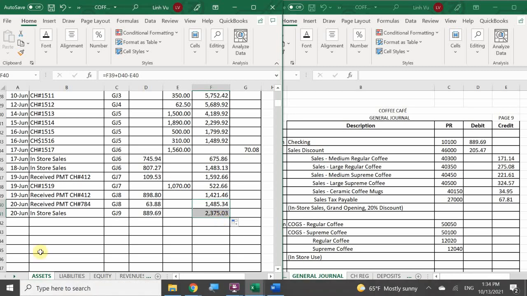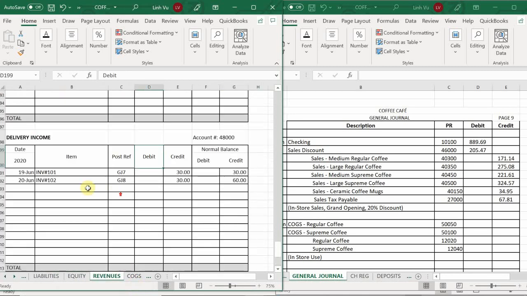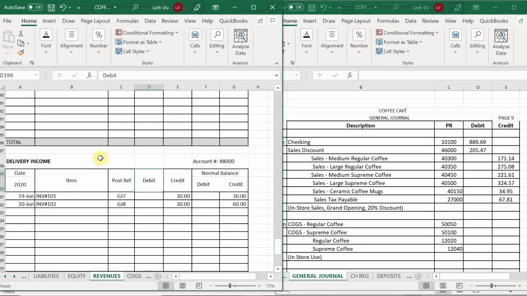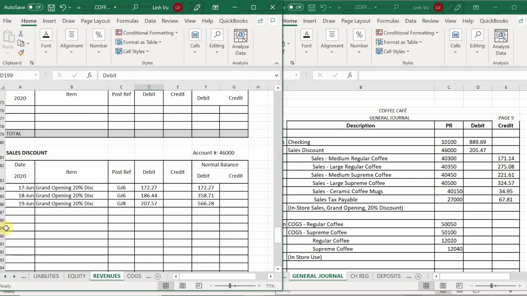Okay, so sales discount, right here. Sales discount, grand opening sales. Sales 128 plus we have 205.47. So we have 771.75. Good, excellent.